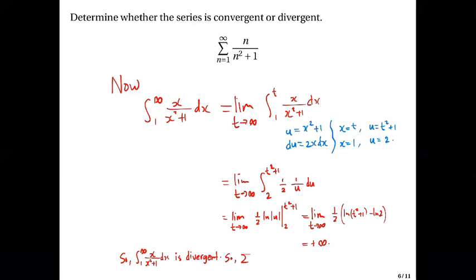So the series n over n squared plus 1 from 1 up to plus infinity is also divergent.